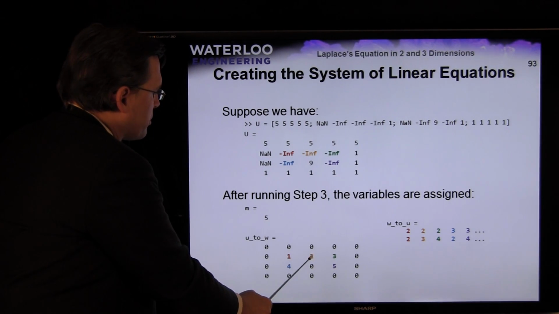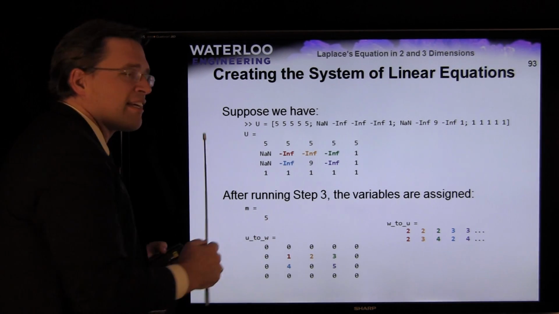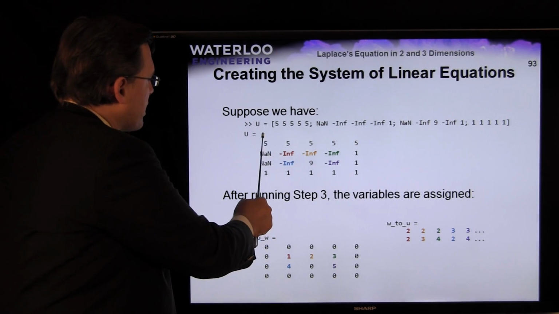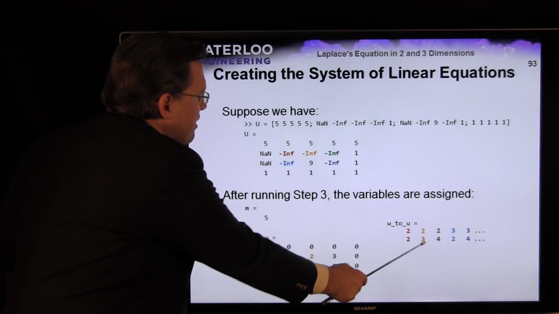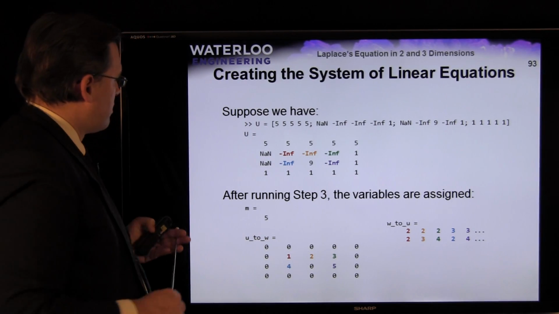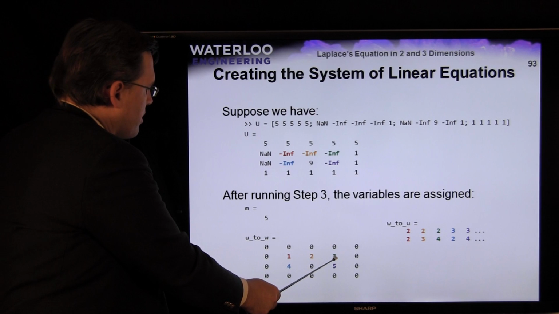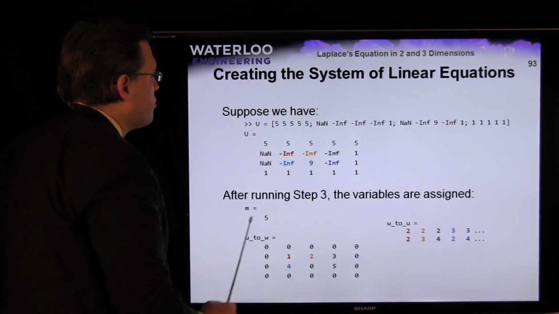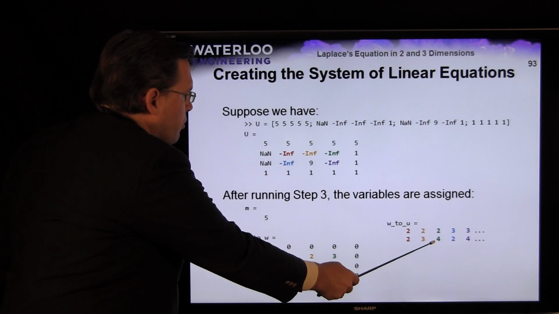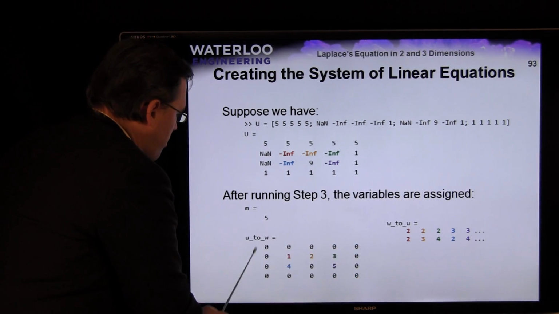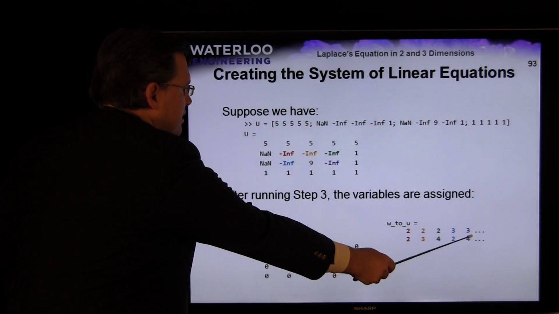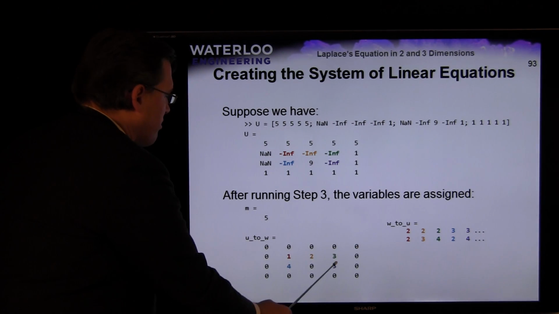So at this location we'll put 2 for the second point that we found that was negative infinity. And we will store the location 2, 3 in the second column of the W to U matrix. Third point, and it's at location 2, 4. Fourth point, and its location is 3, 2. The fifth point is at location 3, 4.